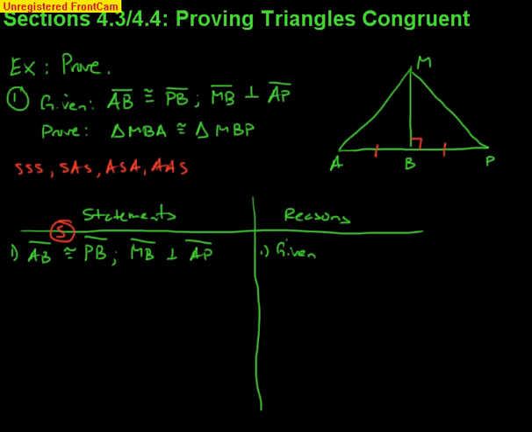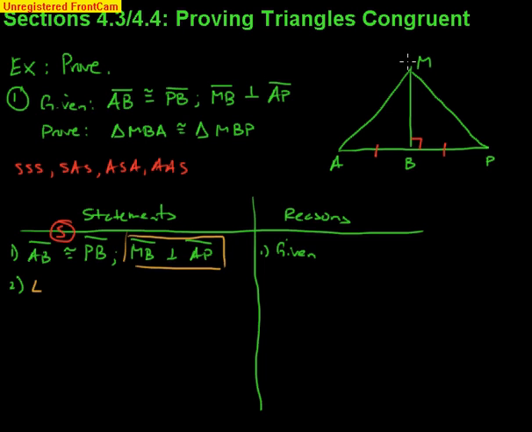Okay, all right. Statement number 2. Let's look at this guy right here. If they're perpendicular, then by definition they meet at right angles. We know a couple right angles here.